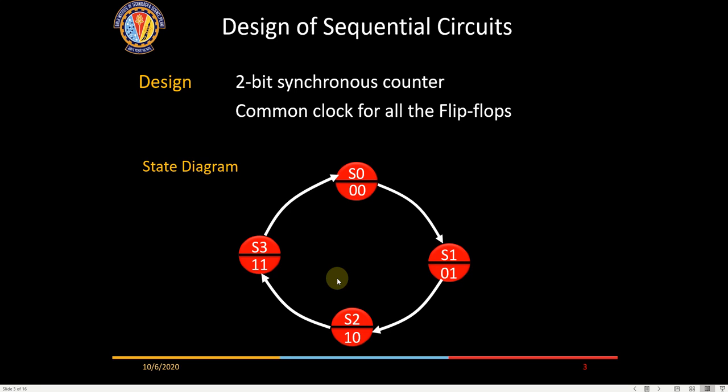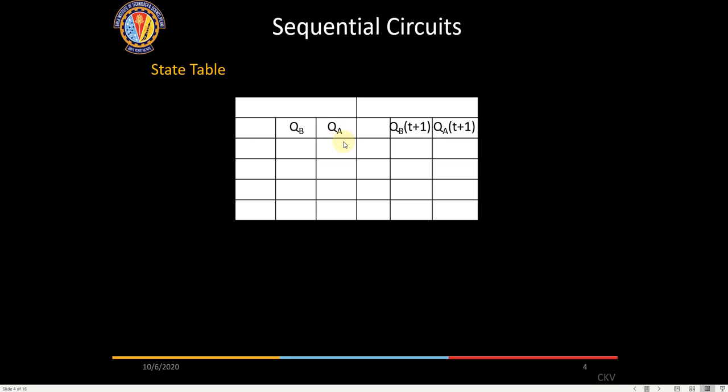Since this is a very simple statement, we could have directly made a table. But if it is a very big problem, with 10 states and 10 different conditions, we'll see once we make sequential detectors that the state diagram is easy to represent a problem statement, and then making a state table will be easy.